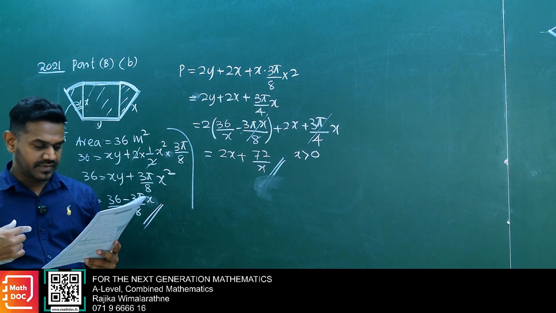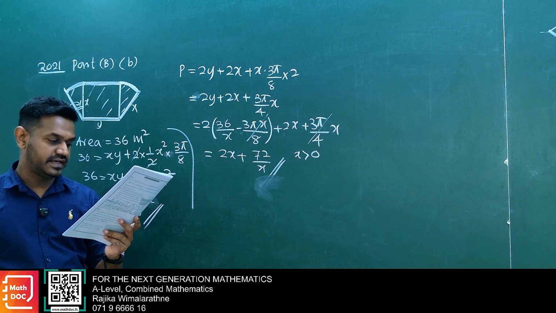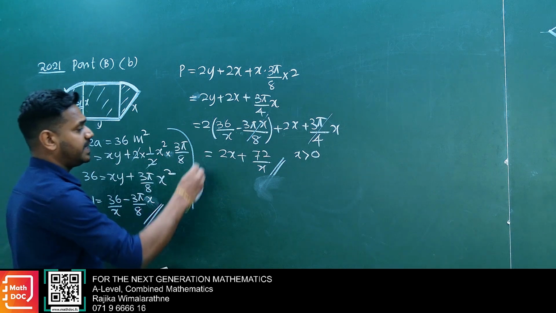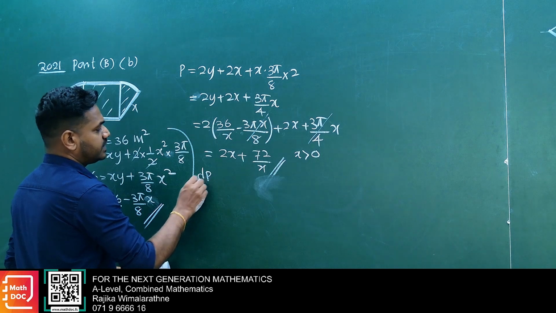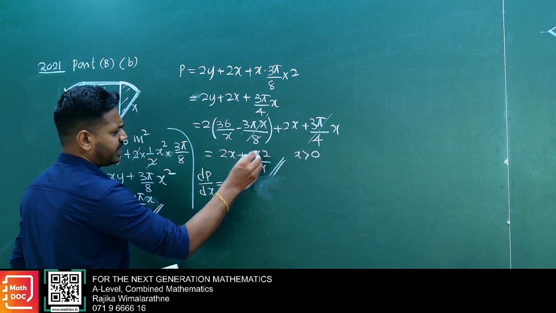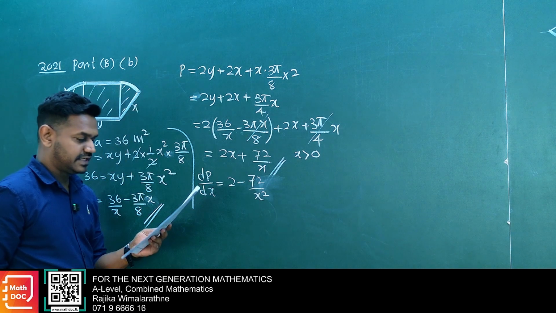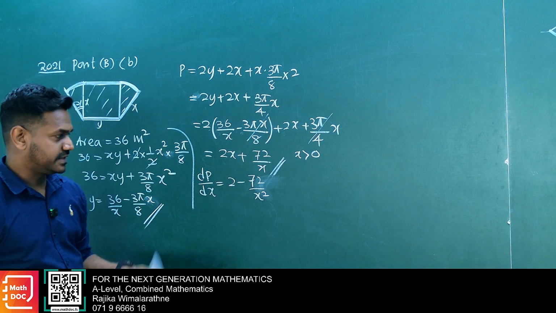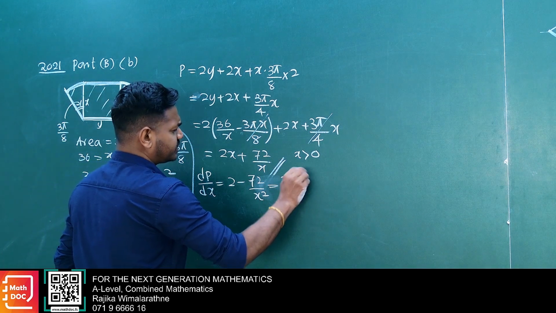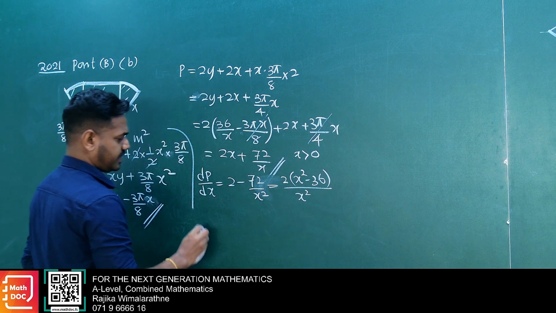Now we have to minimize P. Let's find that. Differentiate: dP over dx equals 2 minus 72 over x squared. Now simplify, taking 2 outside: 2 times (x squared minus 36) divided by x squared.